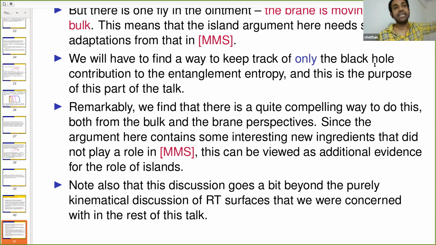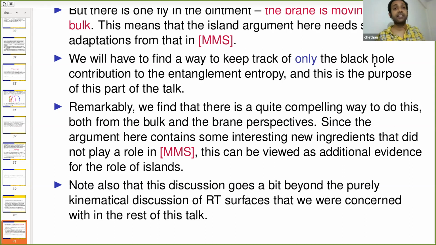So it's happening because of a cosmological expansion. The radial position of the brane translates to the FRW scale factor on the brane world, and so what we are seeing is a cosmological production of entanglement entropy, which is not really the thing that we want to keep track of if we want to understand the statement about black holes.